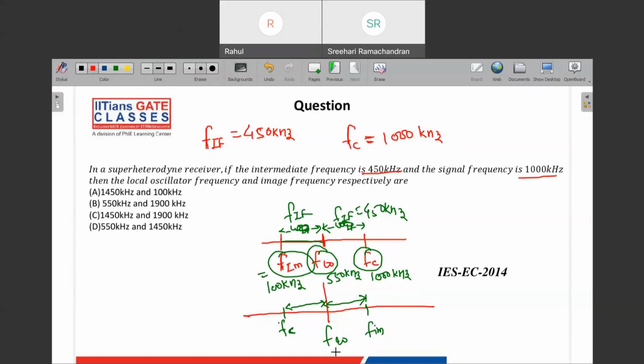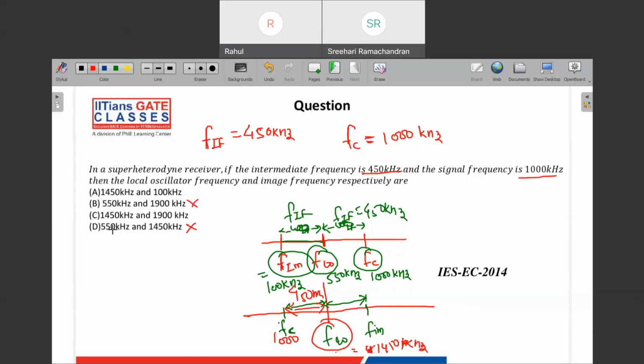Now let's go to the second case. Again, we need to find FLO and FIM. FC is given as 1000, and this distance is given as 450. So in this case, FLO will be equal to 1450. So this option is wrong, this option is wrong.